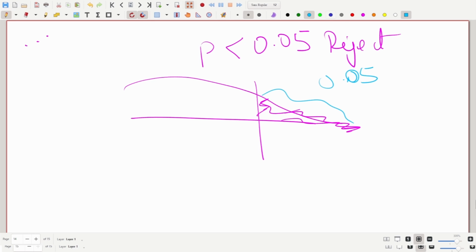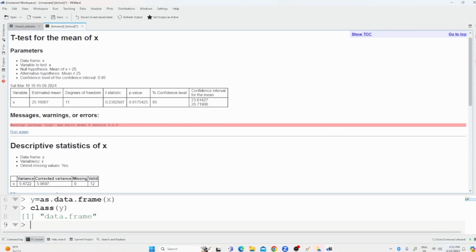Now if our p value lies here, we will reject the null hypothesis, and if the p value is lying here, it will be less than 0.05. So here again we will check the p value. The p value is 0.817, and you will hear it in many videos.